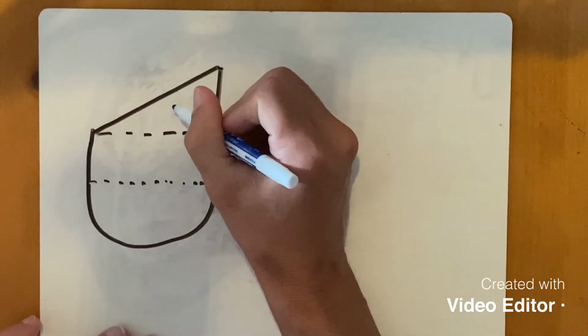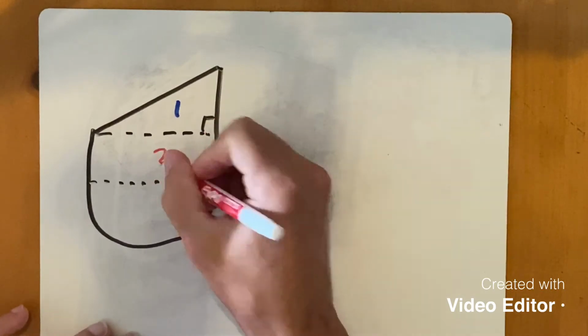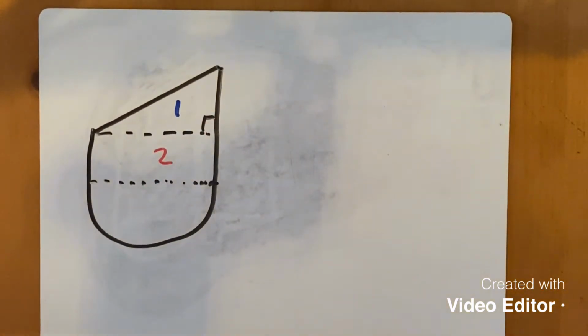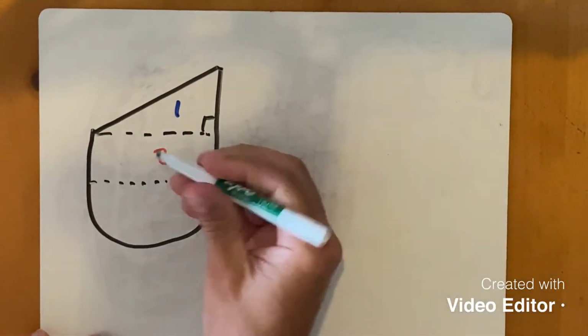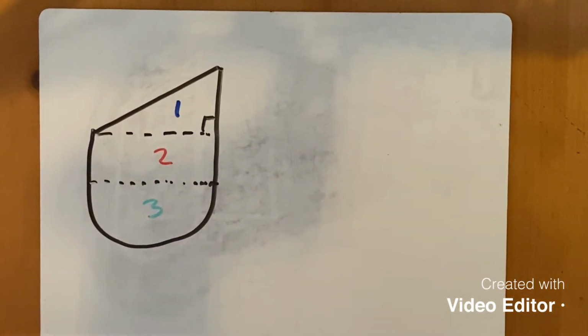The triangle is going to be the first section in blue, the rectangle is going to be the second section in red, and the half circle is going to be the third section in green. So let's start off with the triangle. Let's take a look at the dimensions that they give us.